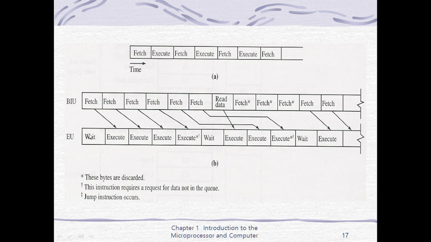And when the bus interface unit is done with fetching the instruction, the execution unit starts executing that instruction. While the execution unit is executing the instruction that has been fetched, the bus interface unit fetches the next instruction, and this continues.